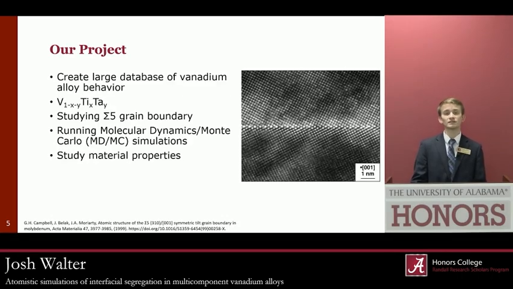And then we study these compositions at different temperatures. We're studying the sigma 5 grain boundary currently. This is a very ordered grain boundary. And then to do our work, we're running molecular dynamics Monte Carlo simulations, and then studying these material properties.